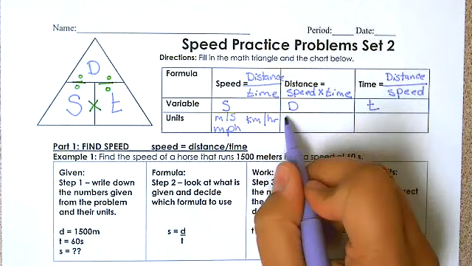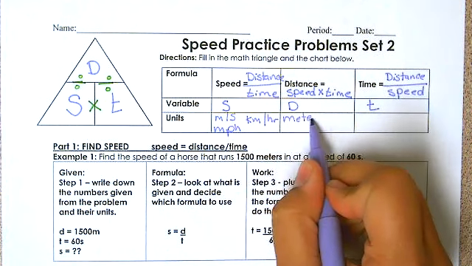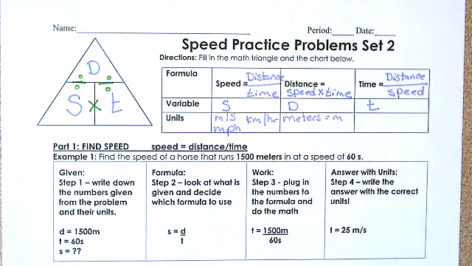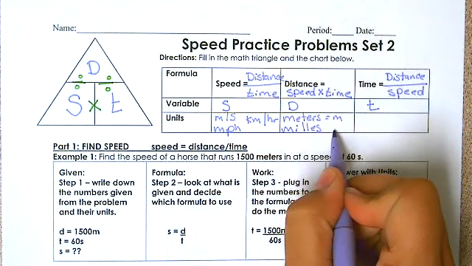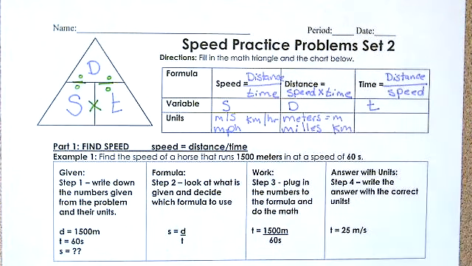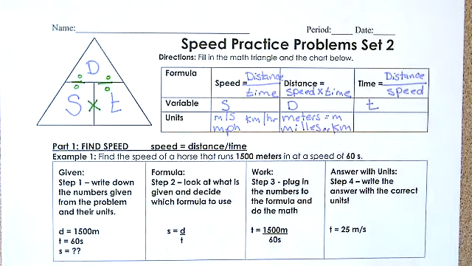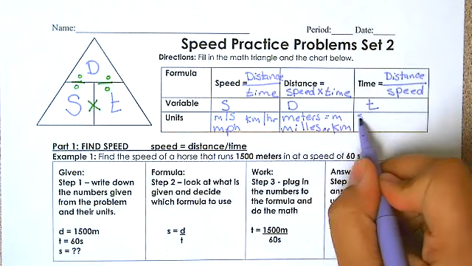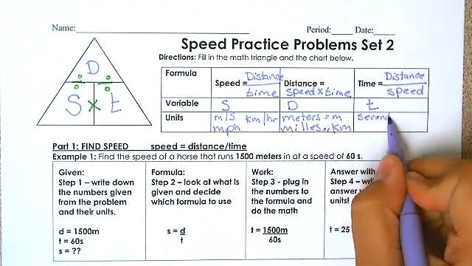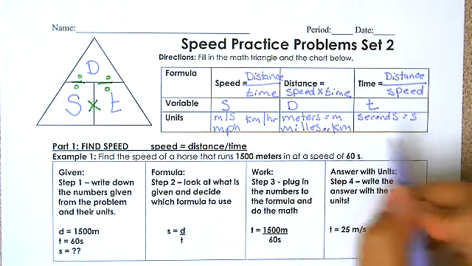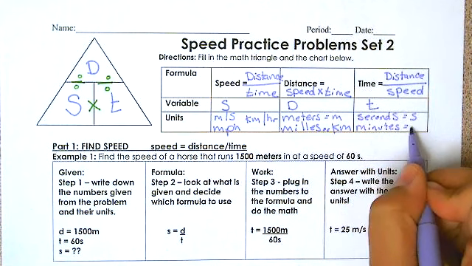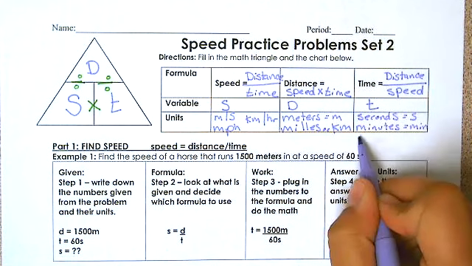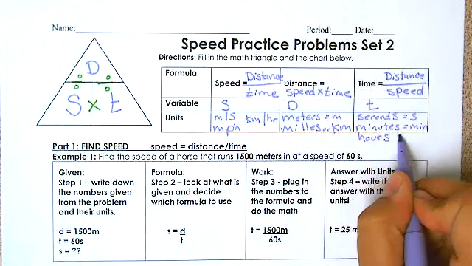Distance is going to be meters, which is sometimes represented just by M. It's going to be miles, can even be kilometers. Time is in seconds, which is represented by an S. It can be in minutes, or it can be in hours.